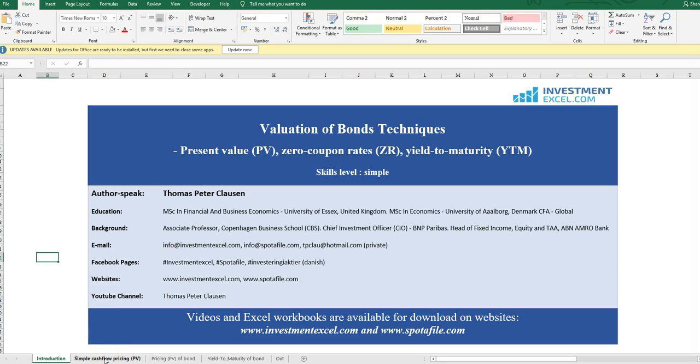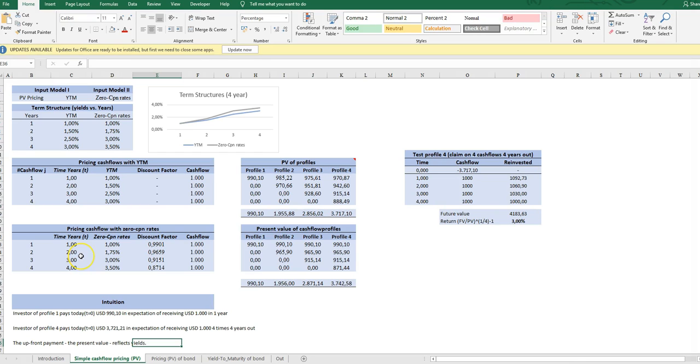Let's get to it. Let's start with some simple cash flow pricing analysis. What we have here is basically a model for pricing on the yield to maturity curve, which in the graphical setting here is the lower interest rate curve, the term structure as we also call it, the blue one, and the other one is the zero coupon rate.